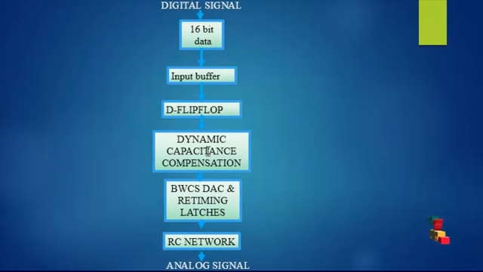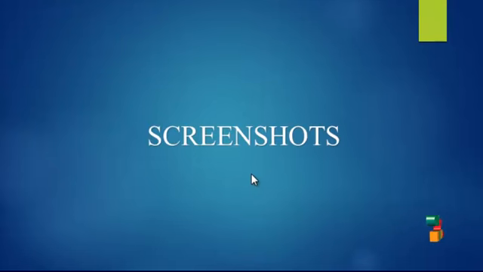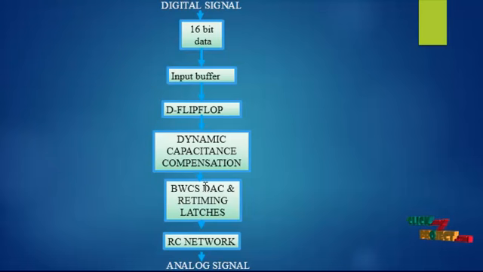Next, the dynamic capacitance compensation. The output of the flip-flop is fed into the dynamic capacitance compensation. This block is used to compensate the output glitches from the flip-flops. Next, this compensation is fed into the binary weighted current switches digital to analog converter with retiming latches.